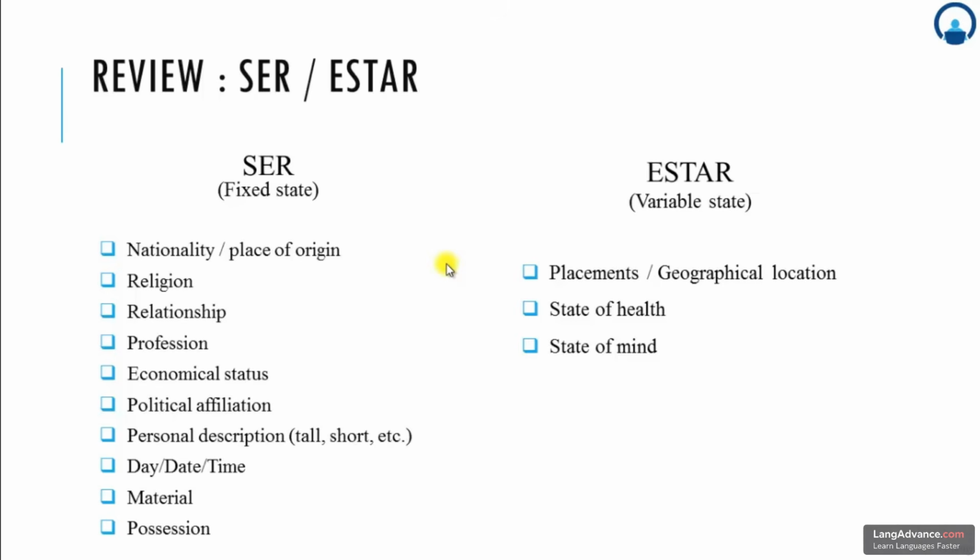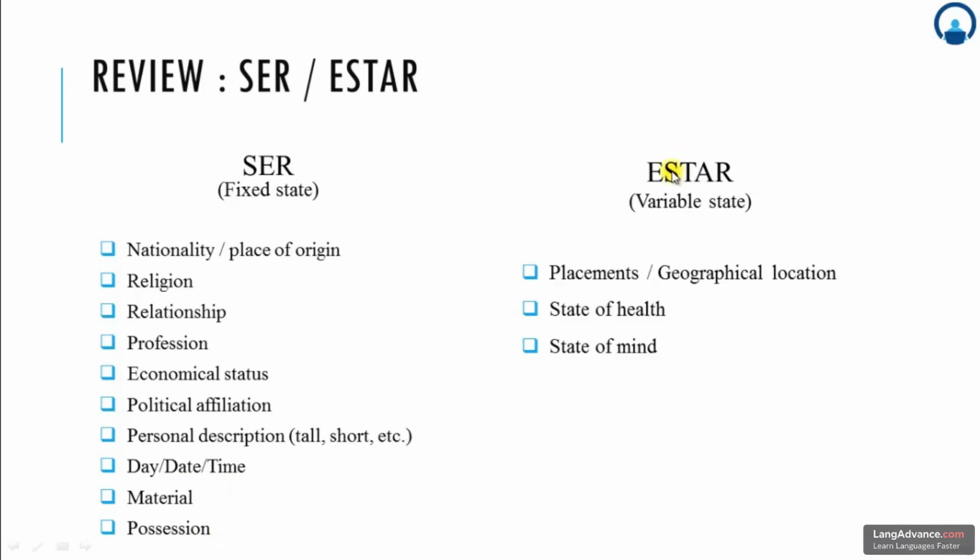Ser. Ser is used in a fixed state. The fixed state can be any of the below: nationality or place of origin, religion, relationship, profession, economical status, political affiliation, personal description, that is tall or short, day, date or time, material, and position.